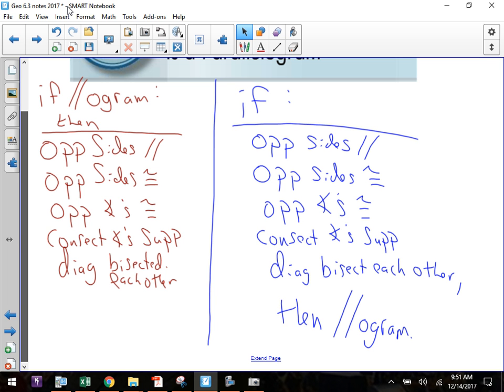Today you're going to do everything to say that you have a parallelogram, which basically means none of the math changes whatsoever. You know how hard it is to write things backwards?